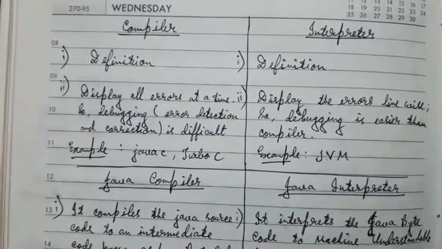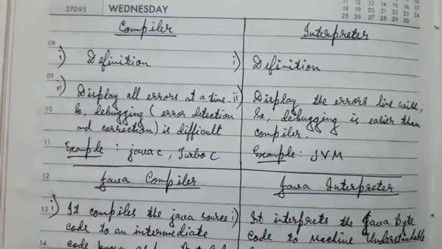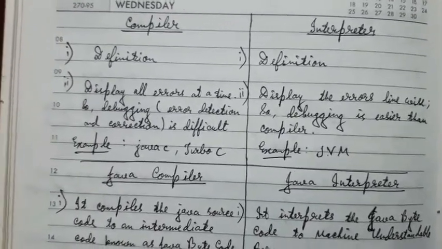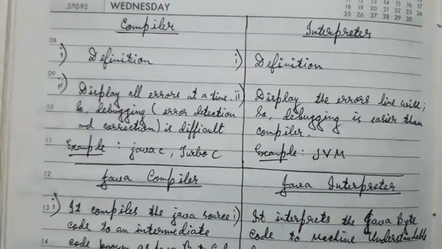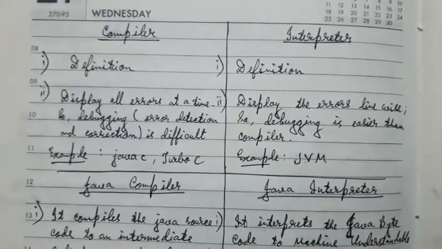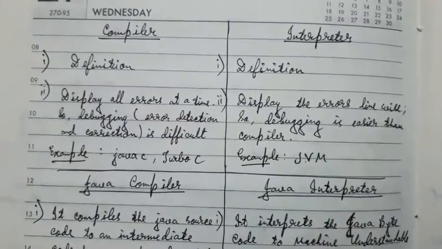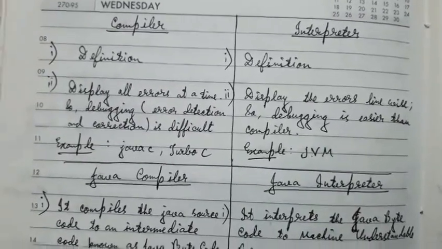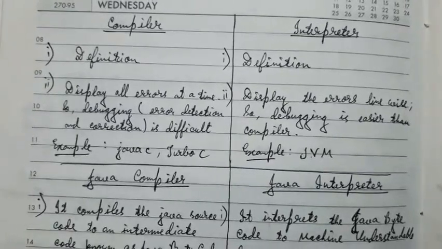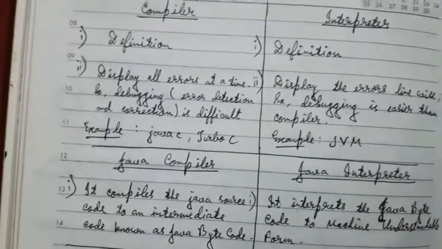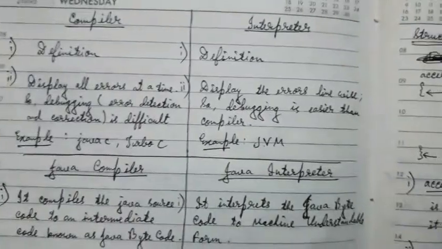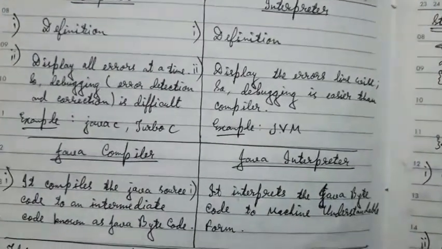If you make some errors, it identifies that error, detects it and suggests a correction. An example for a compiler is javac, Turbo C, and for an interpreter the example is JVM, Java Virtual Machine.